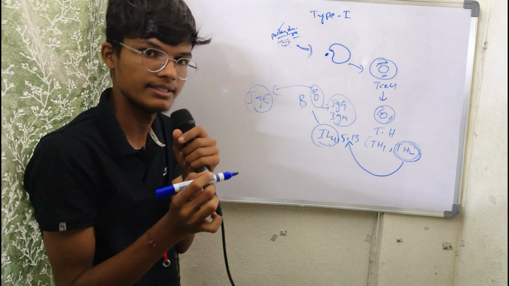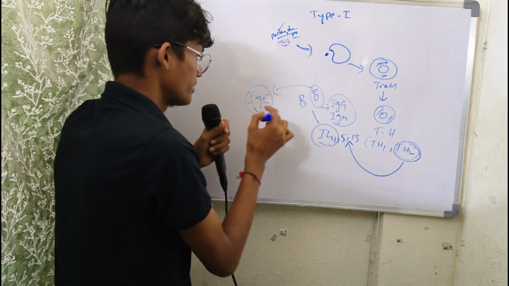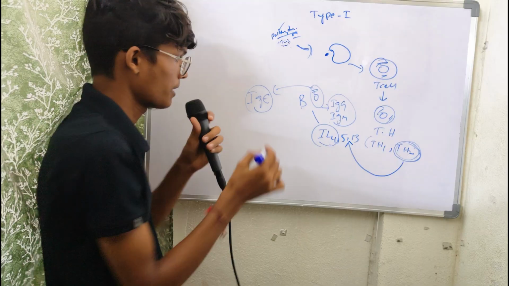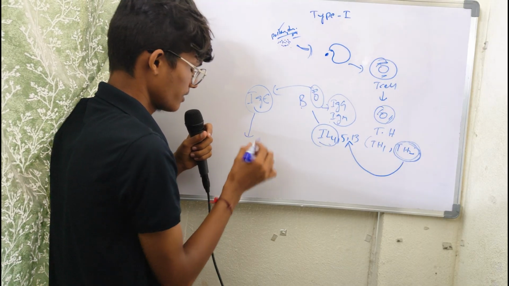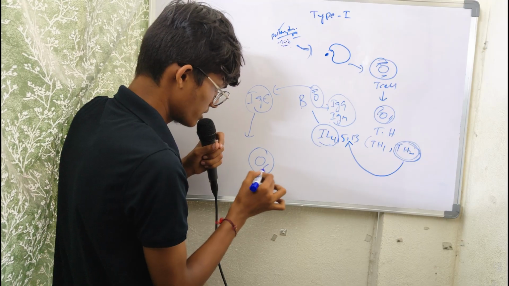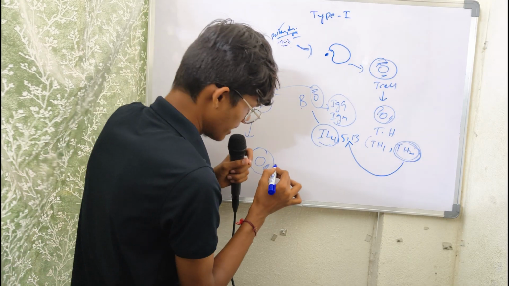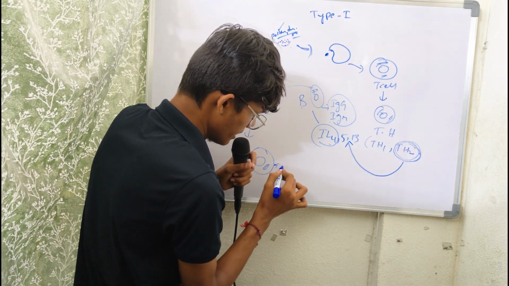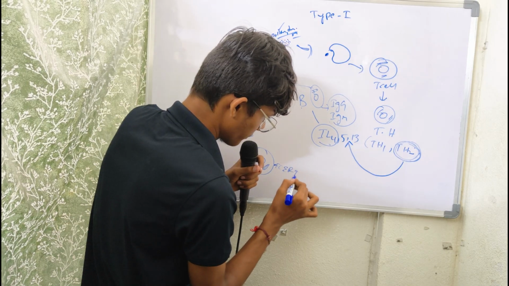There is some allergy. Okay, after IgE is produced, this IgE enters the blood circulation, and in the blood circulation it goes near the mast cell. In the mast cell there is a receptor, that is FcεRI.